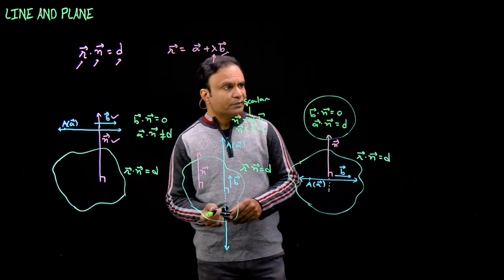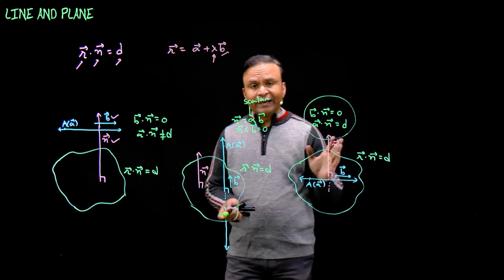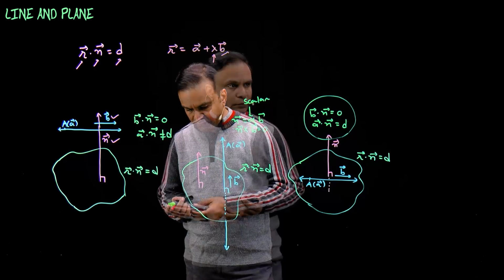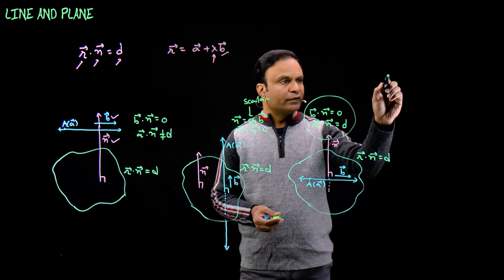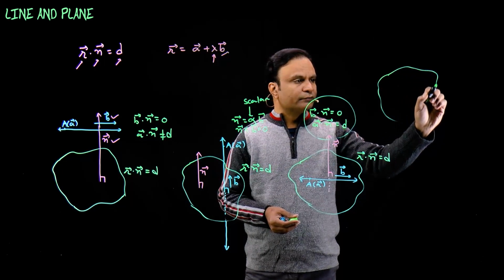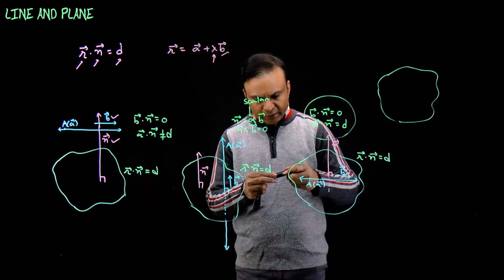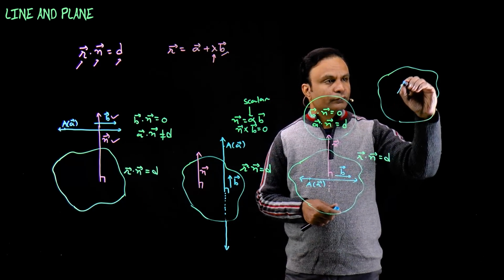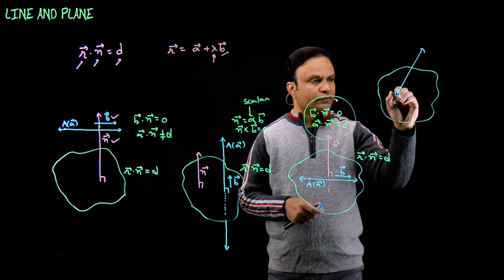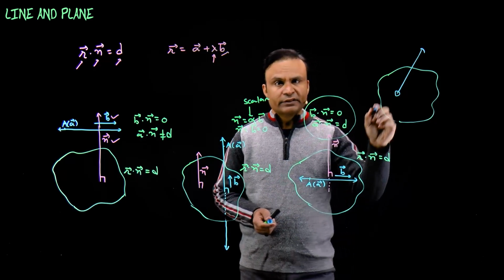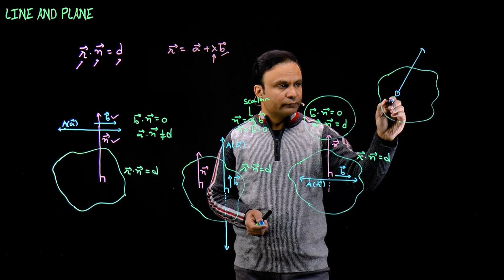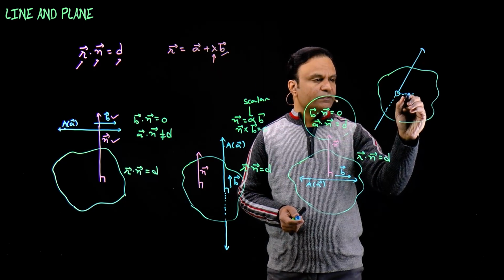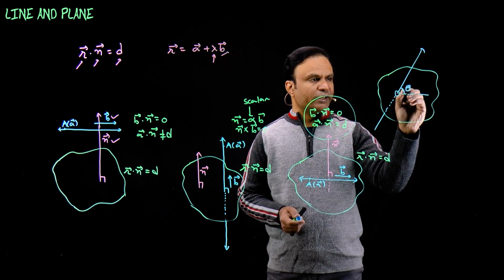And the fourth possibility is that the line is inclined at an angle theta with the plane. So for that we have this plane, and the line is inclined. So we draw a line like this. This is the point of intersection of line and plane, and this angle is theta.